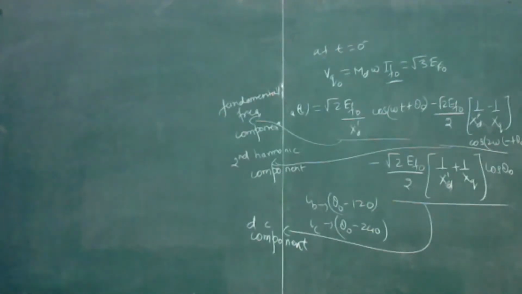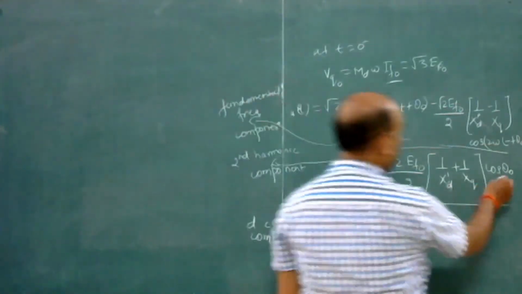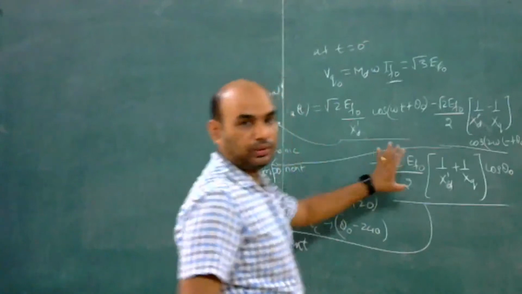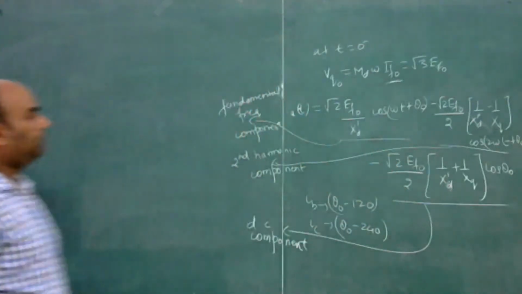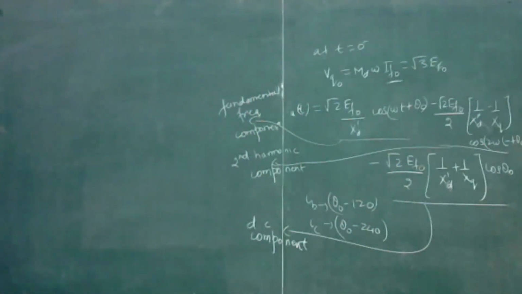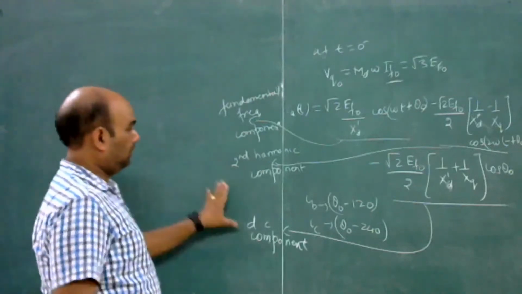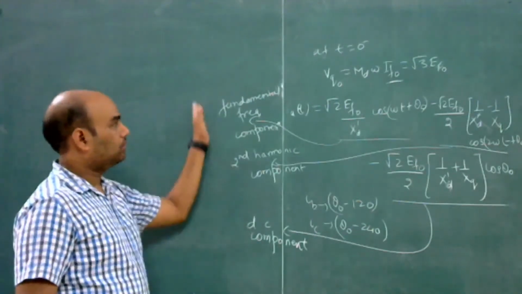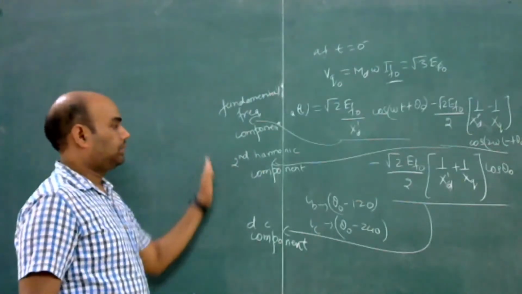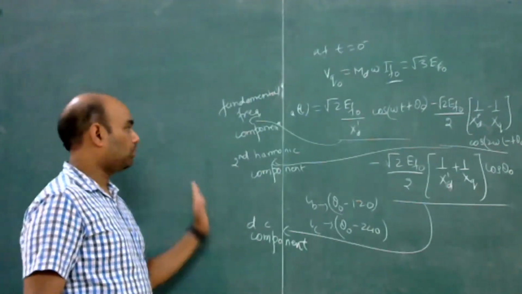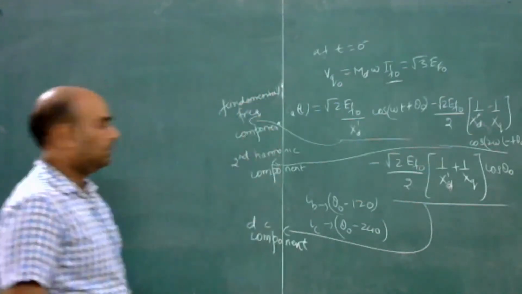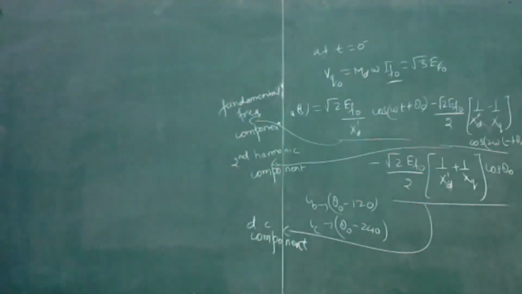As this is independent of omega t, this is a DC component. Okay. So we have got these three components: fundamental frequency component, second harmonic component, and DC component. Due to this sudden three-phase short circuit, IA consists of these three components.